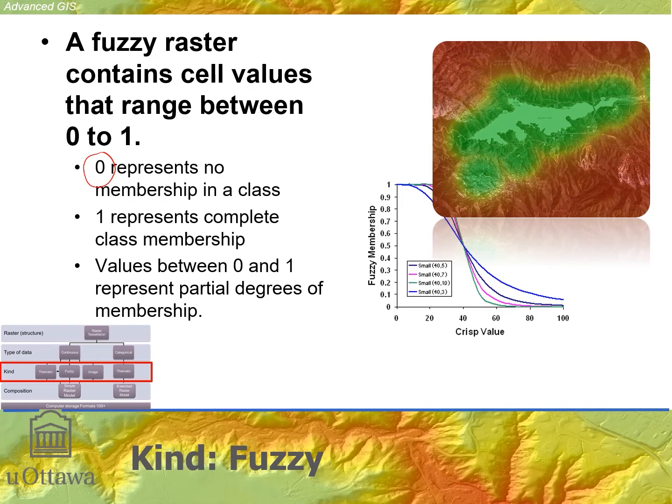So for example, on this here, this particular fuzzy image, which is overlaid on a real-world visible image just for context, the green represents values near 1, and the brown, reddish over here, are near 0. And this is a fuzzy layer for the likelihood of nesting habitat for an eagle.